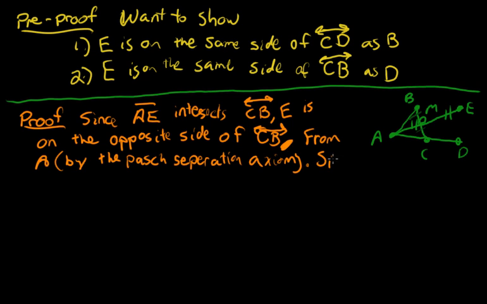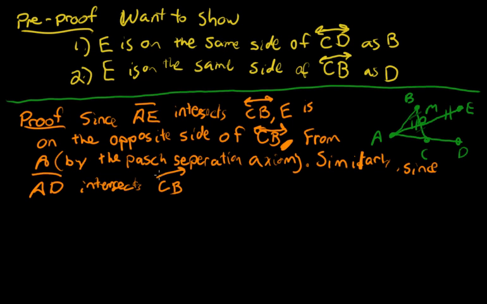Well, that's pretty much the same thing as here, so similarly, since AD intersects CB, oh, that should be a segment there, and this will be the line CB.